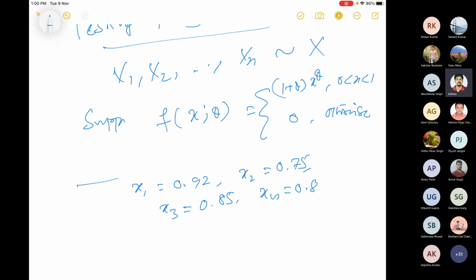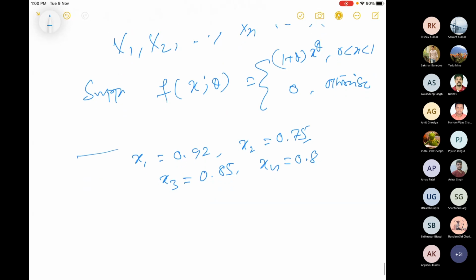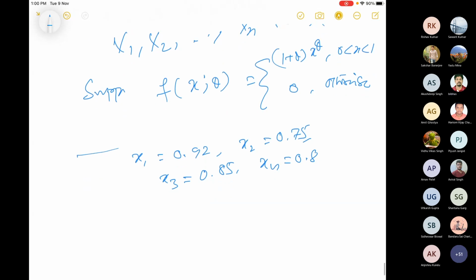Okay. Now if you recall, if you want to do point estimation, then first we have to find an estimator for theta.